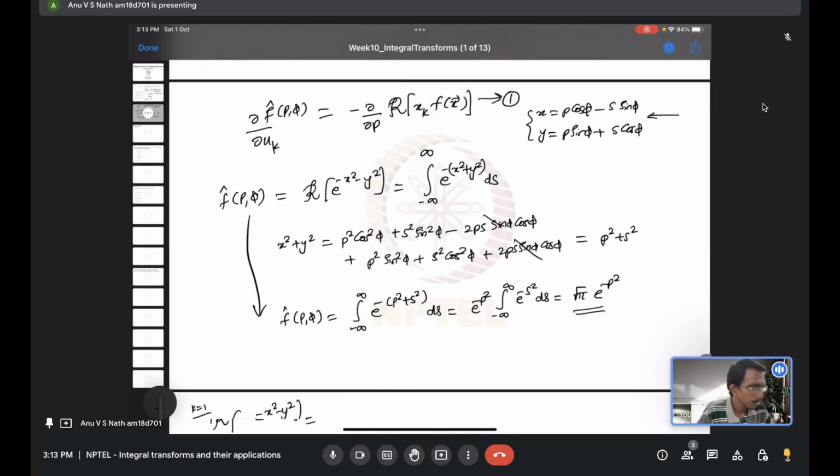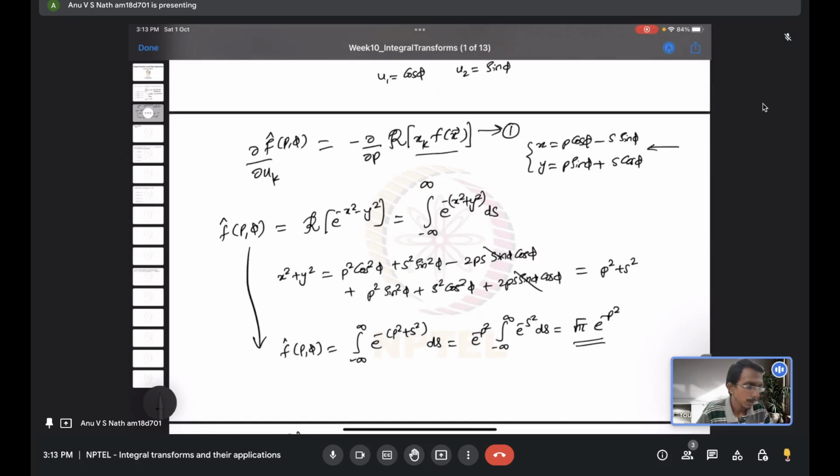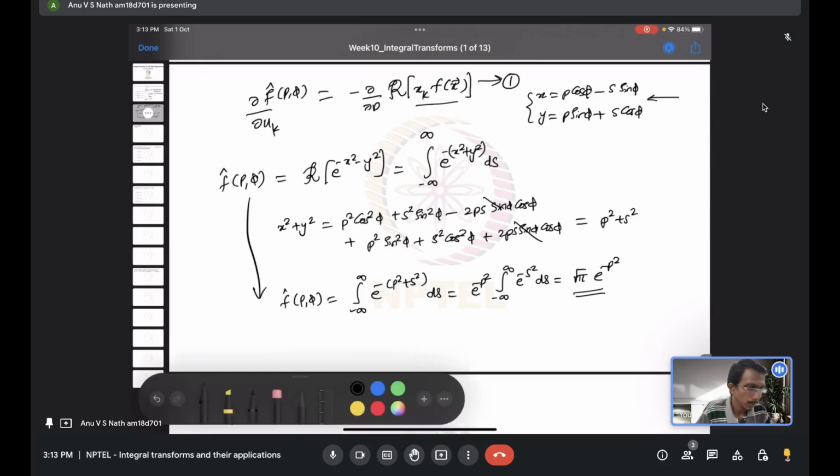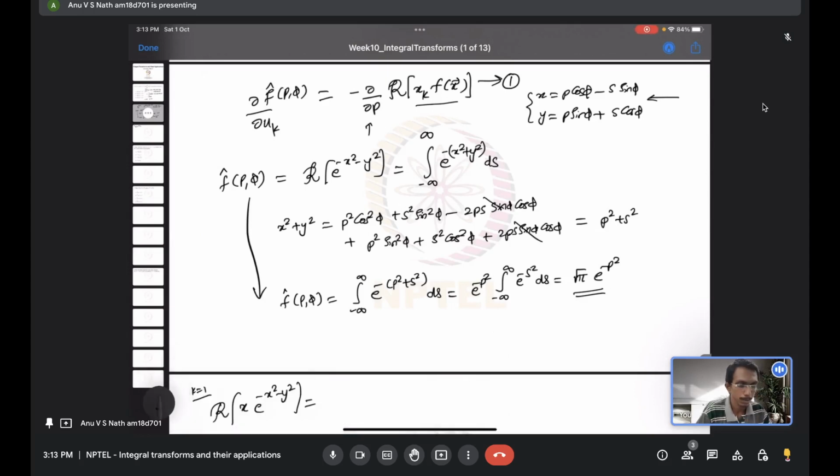I hope you understood what I am saying. First we are evaluating this quantity xk times f of x, its Radon transform. Then later we will take its partial derivative with respect to p to obtain the right hand side, which will give the solution of the question.